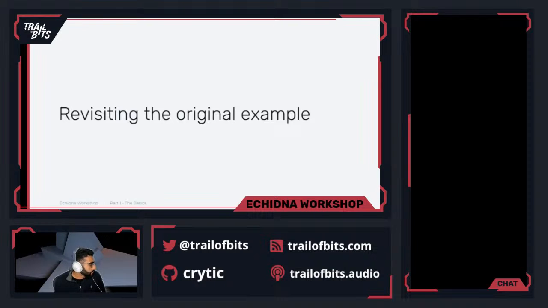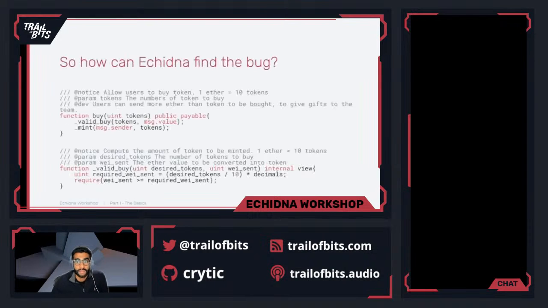Alrighty, I don't see any more questions here, so I think we can move on to revisiting the original example. So how can Echidna find the bug in this? To refresh, we have this buy function. It takes in a tokens value, and basically you're trying to buy some tokens.